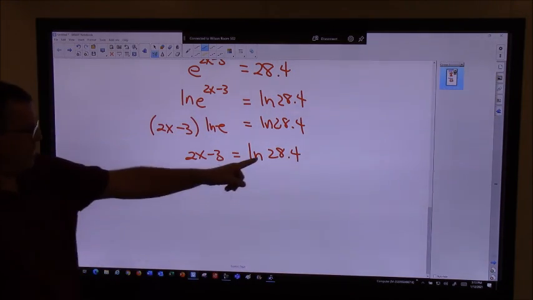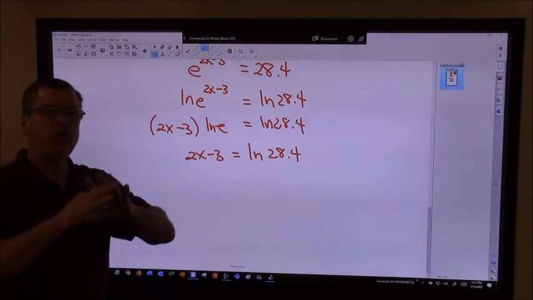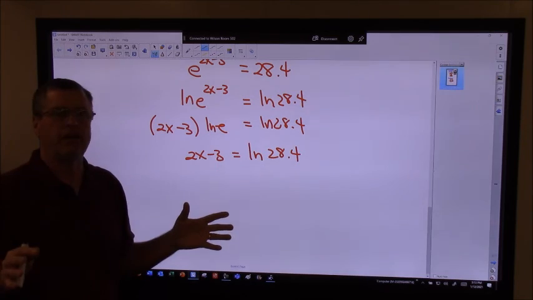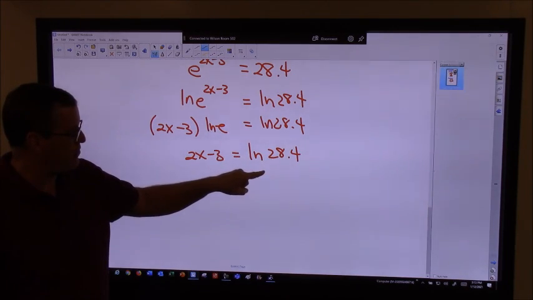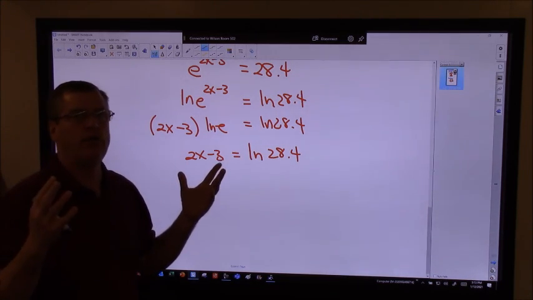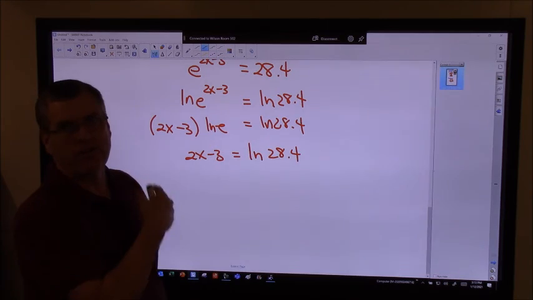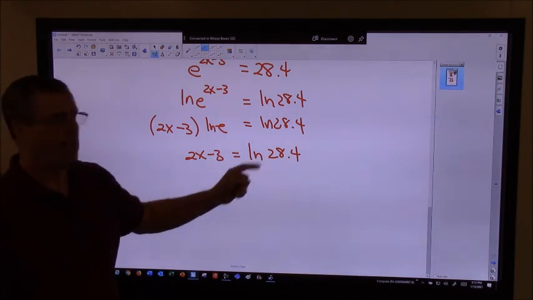And so when you look at that, it's just some number. I'm not worried about what that number is. I really don't care right now. But what it means is, if this is log base e, it means e raised to what exponent equals 28.4. I have no idea. I could hit it on the calculator if I want, but I don't care right now. I'm going to wait till the end.